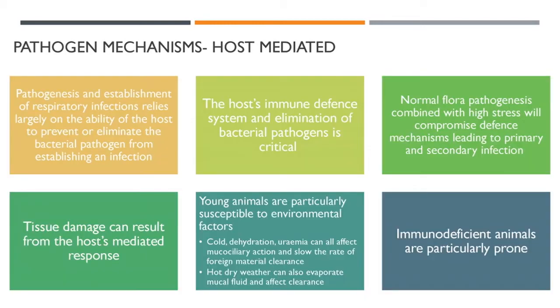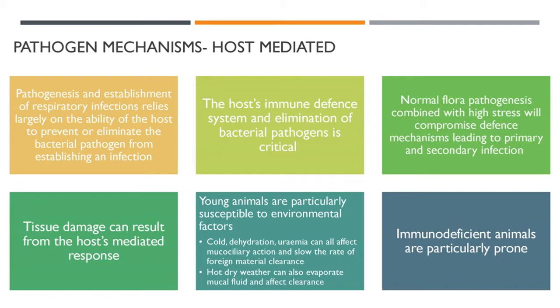Host factors also play a role in bacterial pathogenesis. For bacteria to establish a respiratory infection, the host immune system must be evaded or eliminated, which is greatly dependent on the innate and adaptive immune responses. Under stressful conditions, the respiratory epithelial surface may become damaged, allowing commensal bacteria to invade and colonize. Stressful conditions may include transport, sale, and weaning.